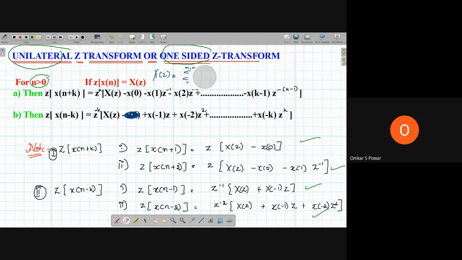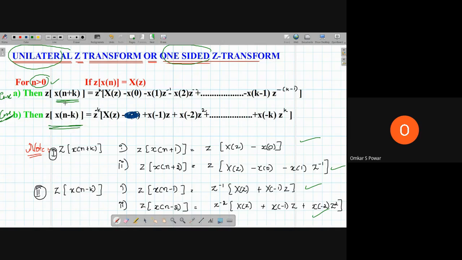So now, if you take n greater than or equal to 0, there are two conditions, case A and case B. So Z transform for n plus k and Z transform for n minus k.